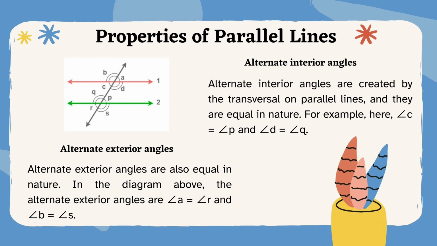Alternate exterior angles. Alternate exterior angles are also equal in nature. In the diagram above, the alternate exterior angles are angle A equals angle R and angle B equals angle S.